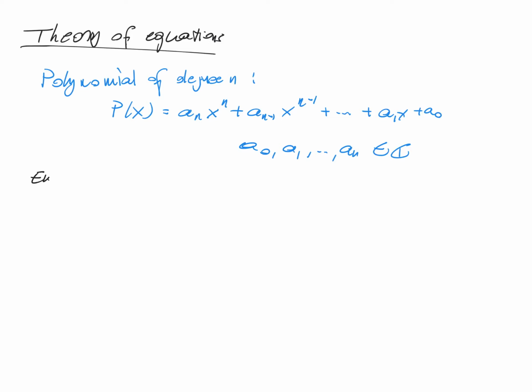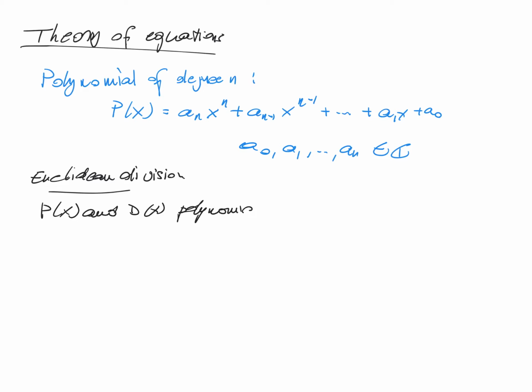Let's look at how to divide two polynomials. So look at the Euclidean division. Let p of x and d of x be two polynomials, with d of x not equal to 0 and the degree, which we denote as deg, of p of x is larger or equal than the degree of the polynomial d.